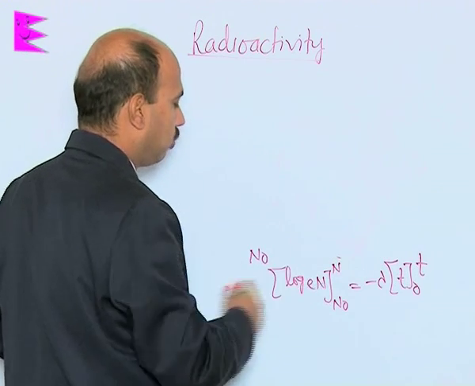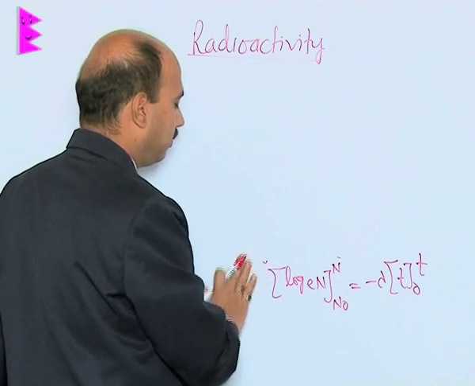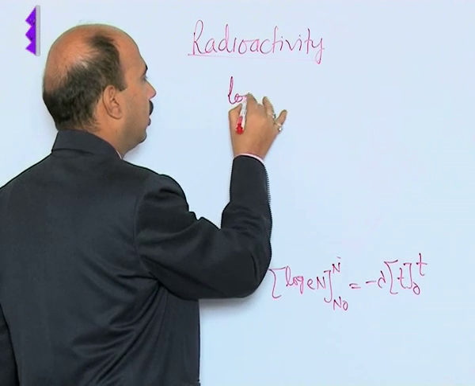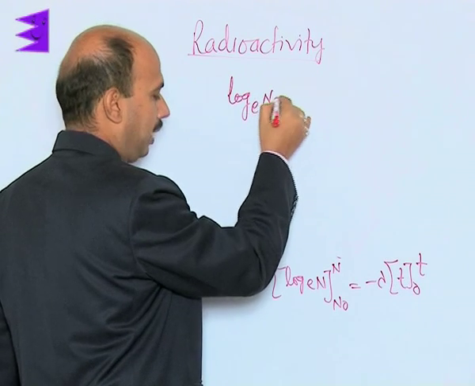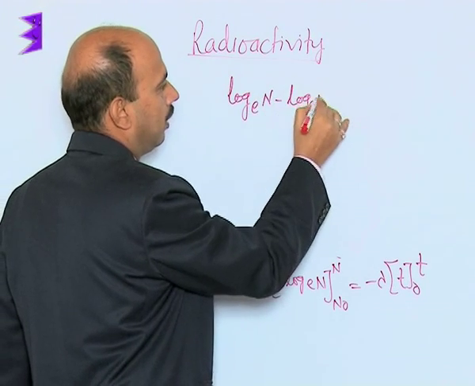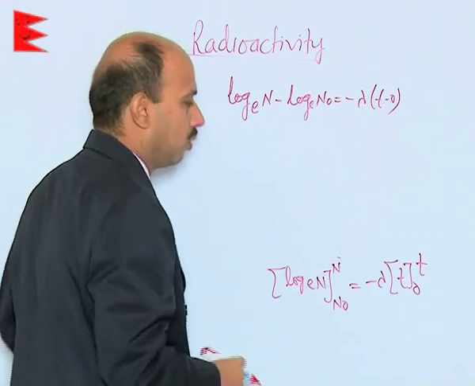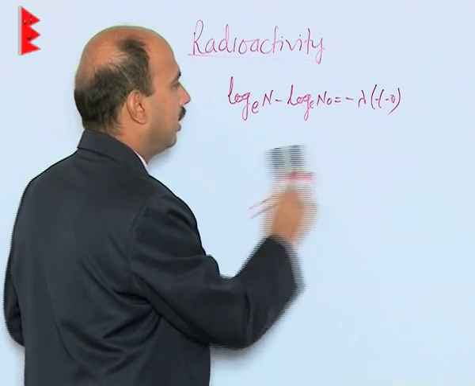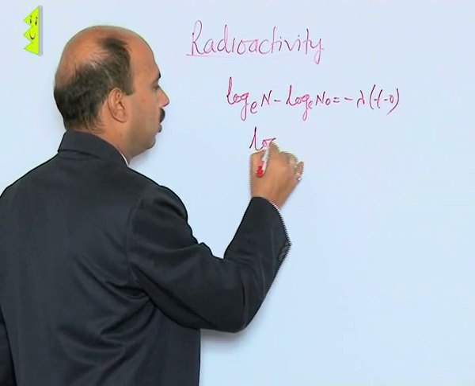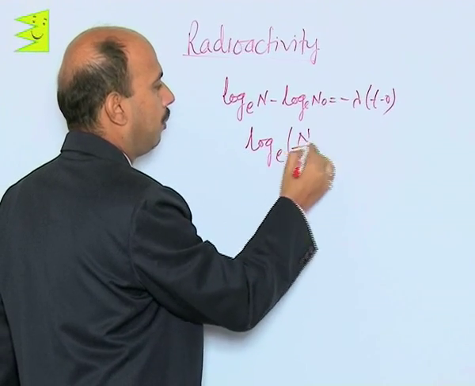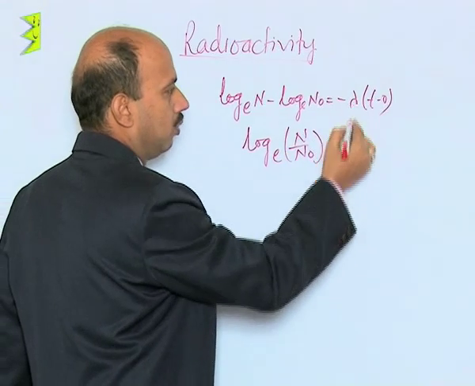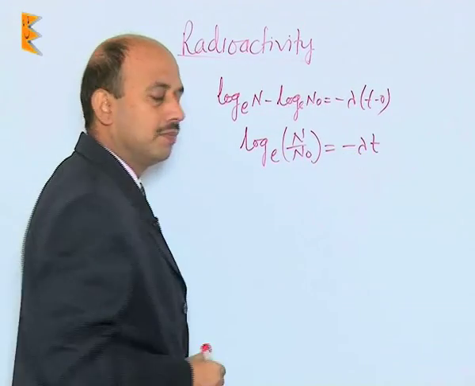This can be further solved. So we can write log e N minus log e N naught is equal to minus lambda t minus 0, and then we can write log e of N upon N naught is equal to minus lambda t.